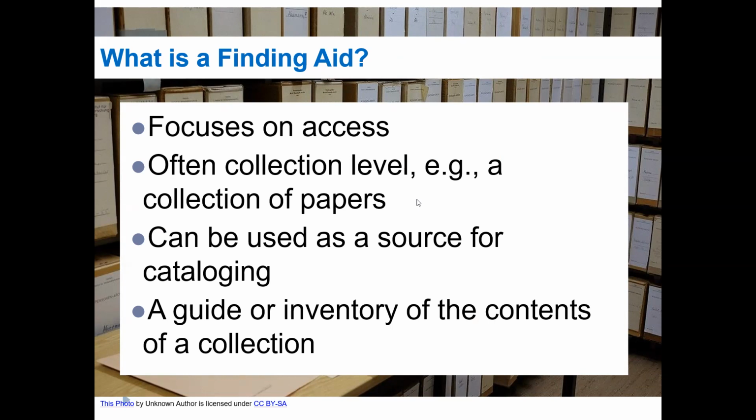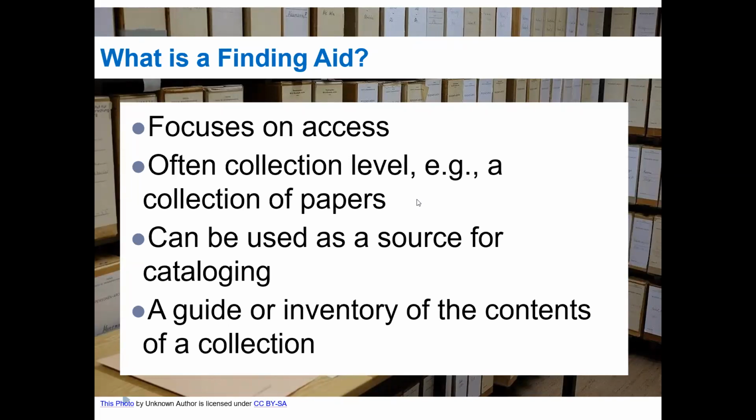That's probably the key part of it. The second part of a finding aid that is really critical, I think, is that it's focusing at a collection level. Finding, I mean, that's pretty obvious what that term would mean for us. And then aid is assistance in being able to find things.